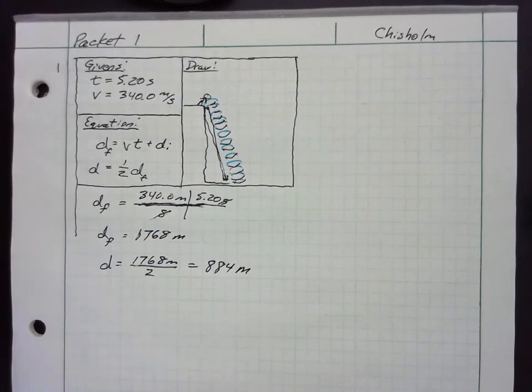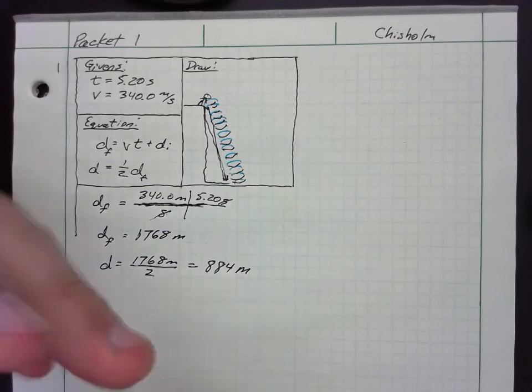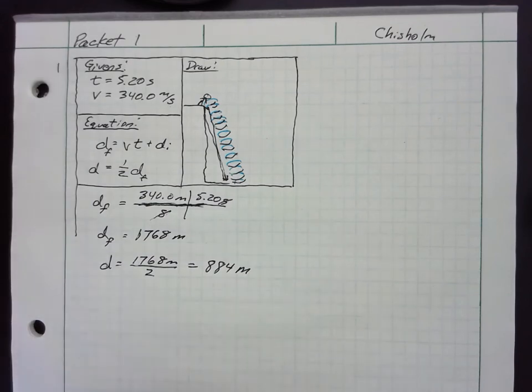Okay, and we can easily take that and change that into miles if you need to. 1 mile is about 1.6 kilometers, 1.64, something like that. And so that means that we are looking at about half a mile.